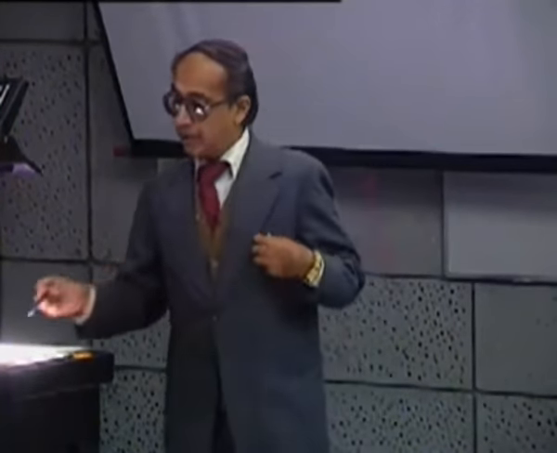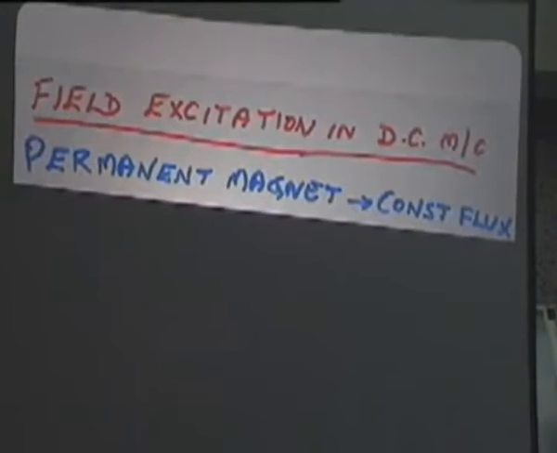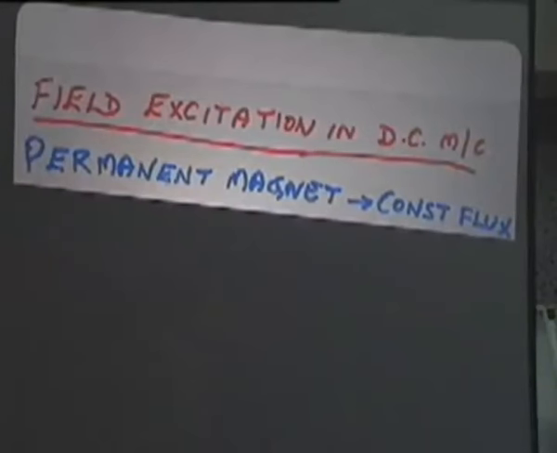Okay. Now the one arrangement we have in small machines is called a permanent magnet system. In the permanent magnet system, the field that is generally in the stator, we connect the permanent magnets, and if it is a permanent magnet, then we get a constant flux.